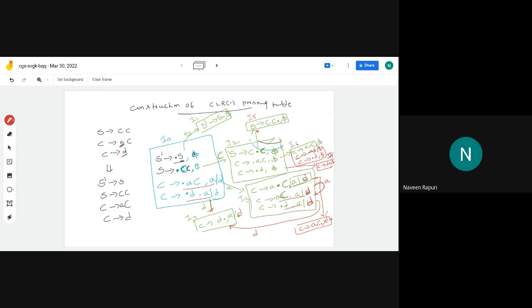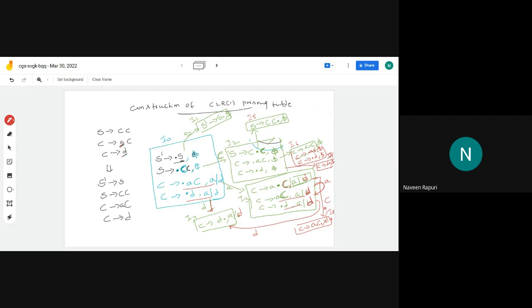From I1, we get I5 and another one is I6 and I7. These are also completed. And from I3, on capital C, we got another production, that is I8. So it is also completed, sir.